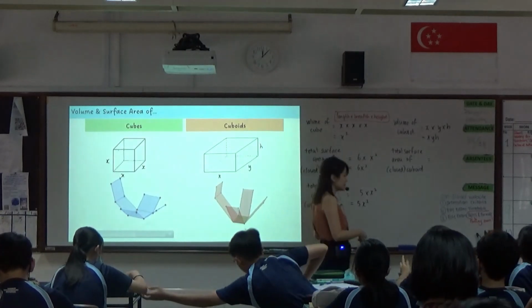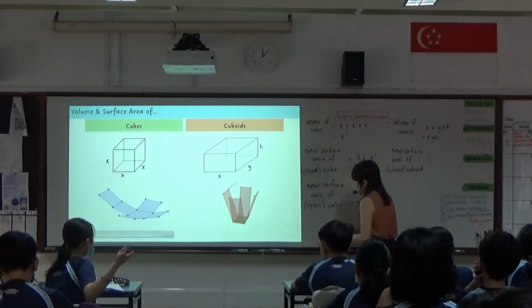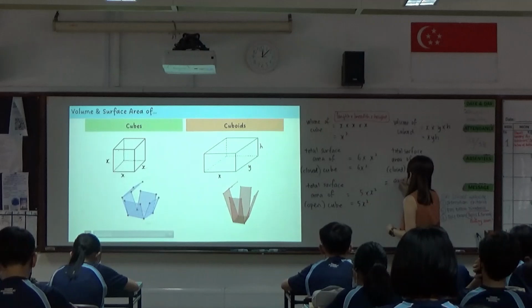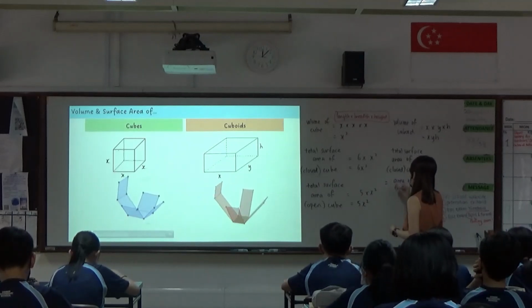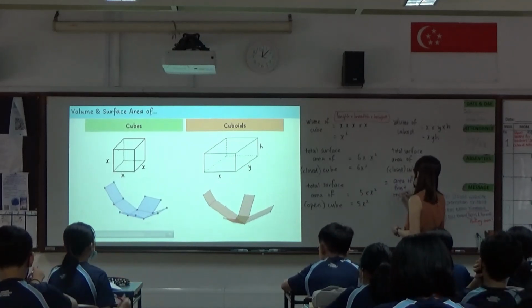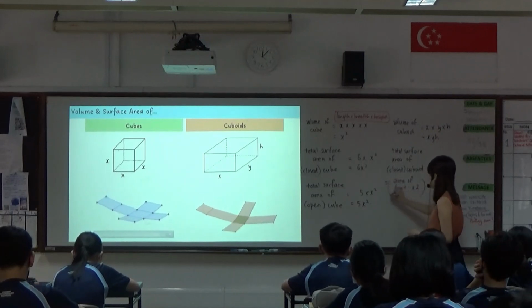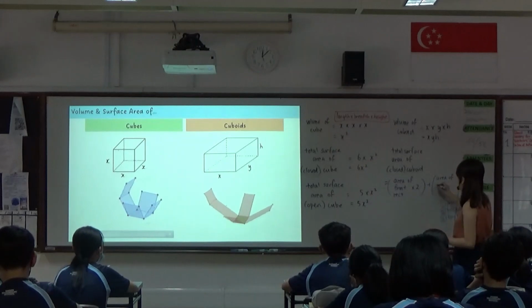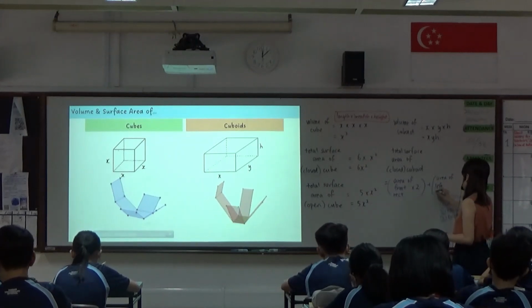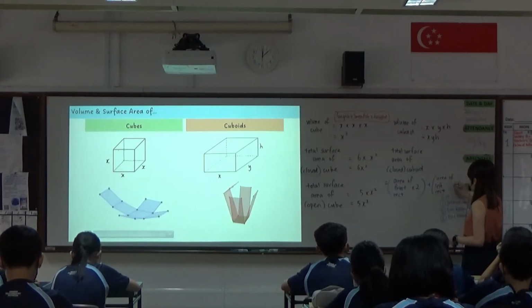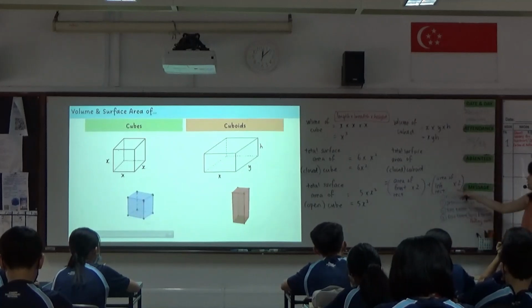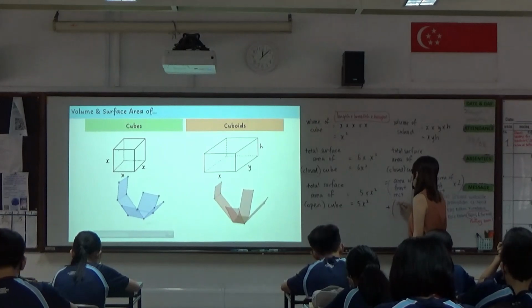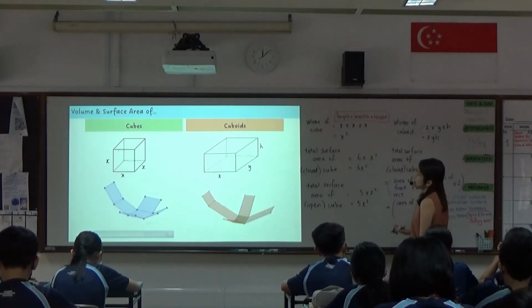In a generic sense, we will write it as area of front rectangle times 2, plus area of left and right rectangle, so area of left rectangle times 2, and then area of the top and bottom.